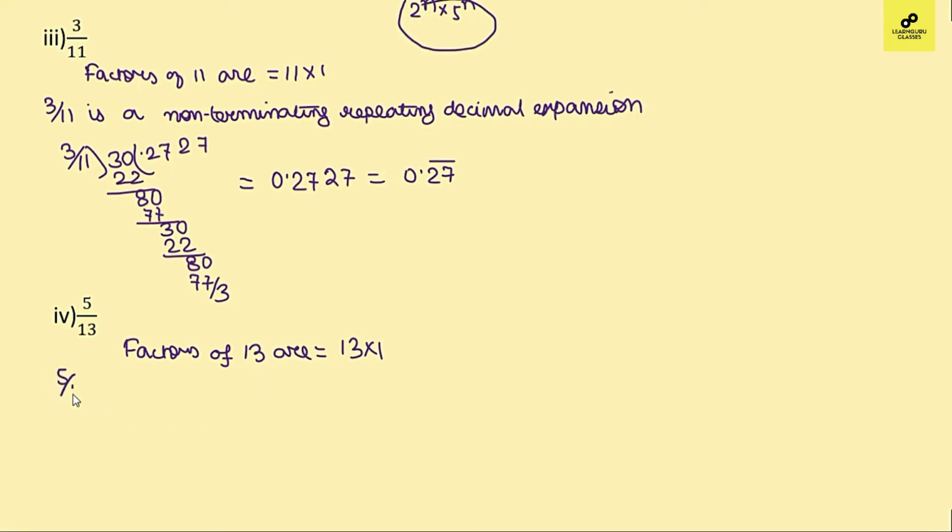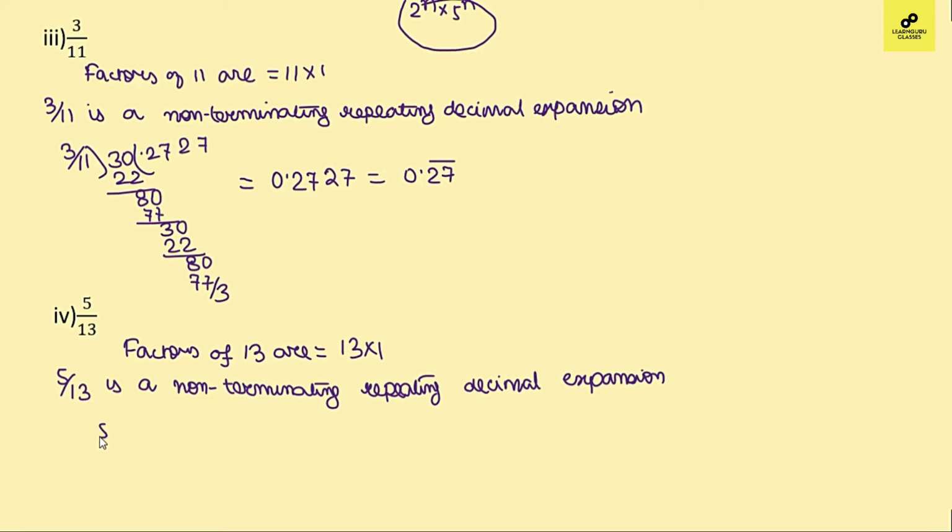So 5 by 13 is a non-terminating repeating decimal expansion.